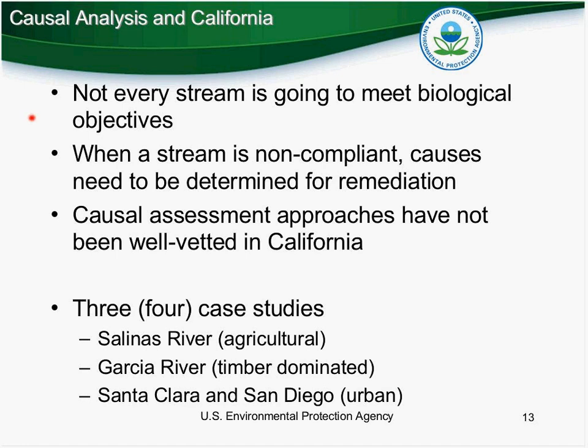Was there something that could be done to help the regulators and the regulated communities identify what the stress situation was, in a collaborative way? It came out of the early recognition that not every stream is going to meet its biological objectives. So when you're not compliant, the goal is to determine what the cause was in order to hopefully establish the appropriate remediation method.